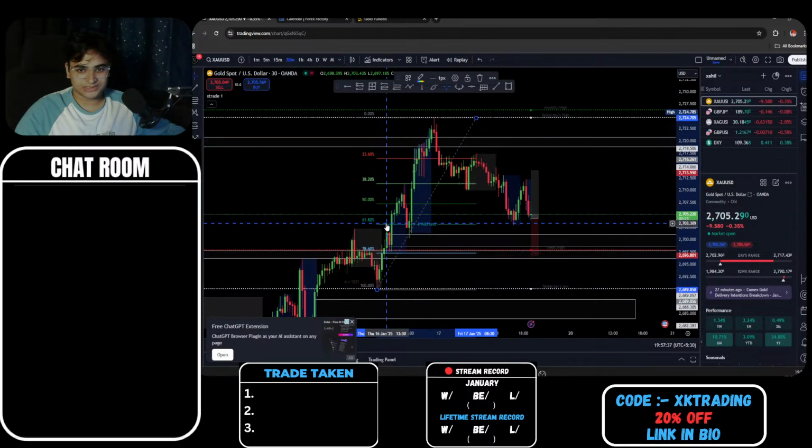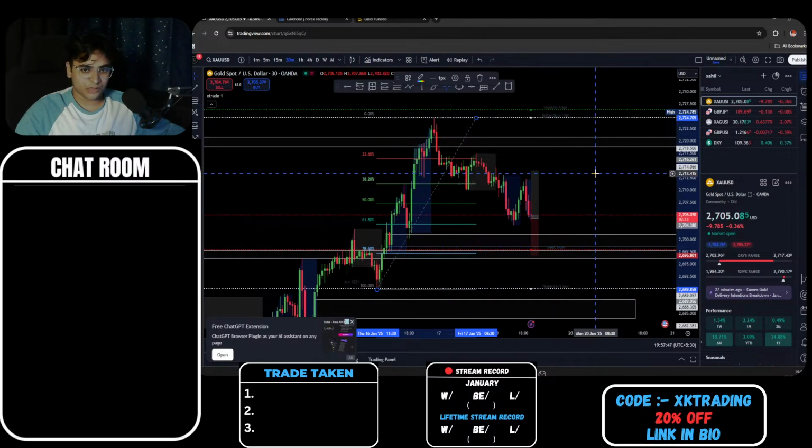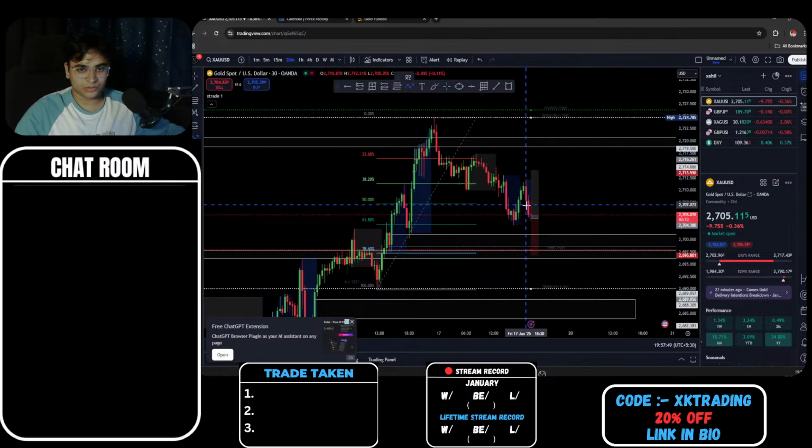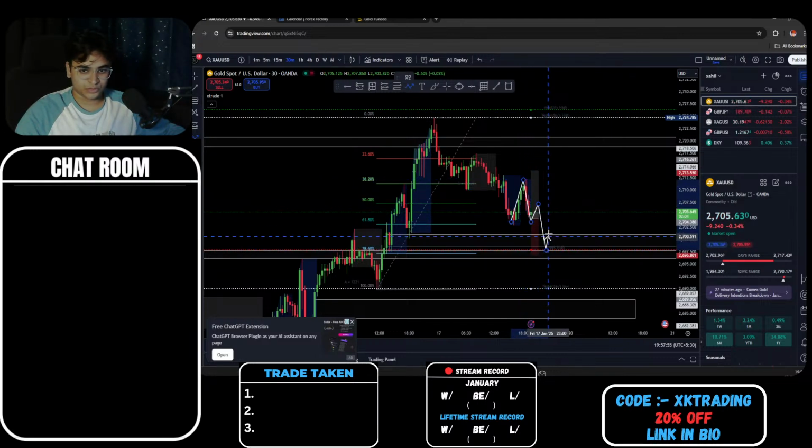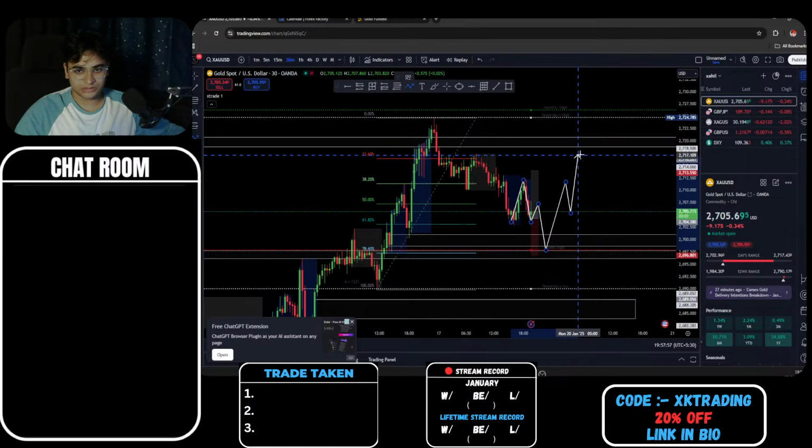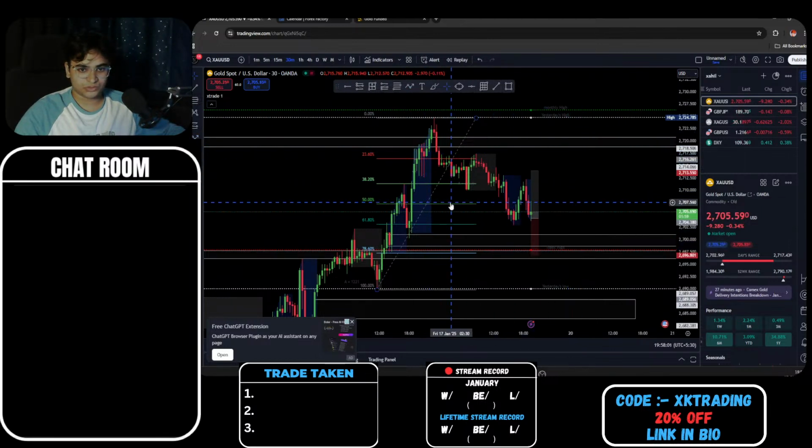But according to me, this is a 50 to 60% level. Either we can go up from here or we can tap into the 78 level. That is the last area for price to tap to move up, right? So according to me, after creating this low, we should see something like this, a huge wick to the bottom, and then we can see a nice trend. But question is, are we going to do that or not?